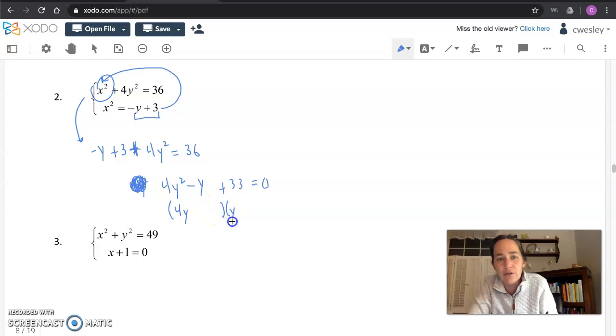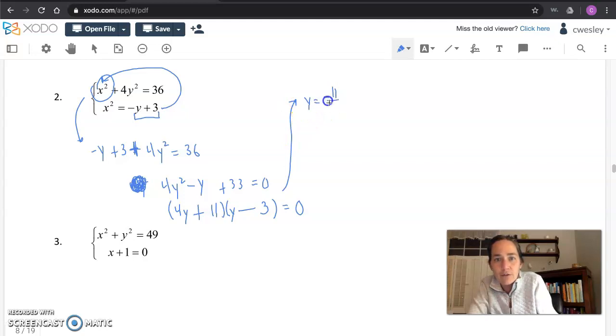We get a little luckier in some of the cases on this page. 4 and 1 would be good coefficients in front of the y, and then factors of 33. Turns out 3 and 11 will work if you go here and there. That should work out to a 12 and an 11 product. Minus plus should give you that minus 1y in the middle. So 2 solutions for y. We get y equals negative 11 fourths, and we get y equals 3.